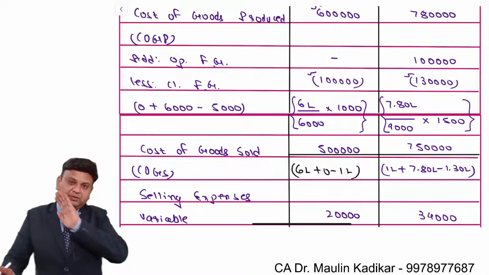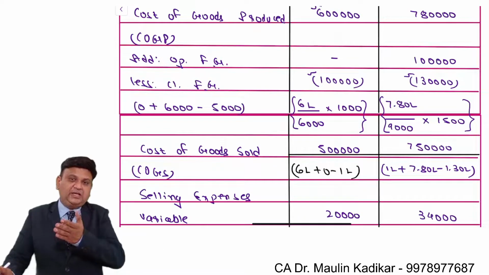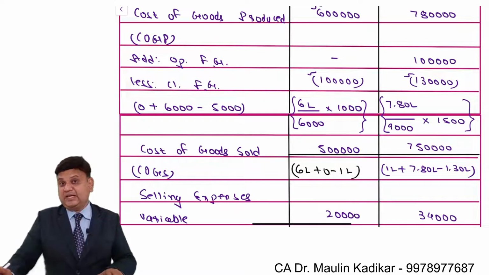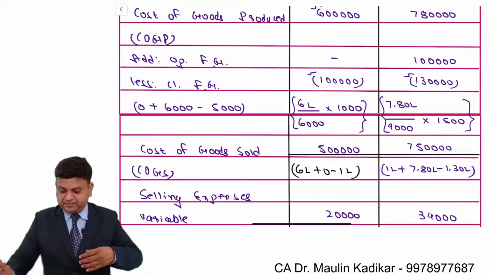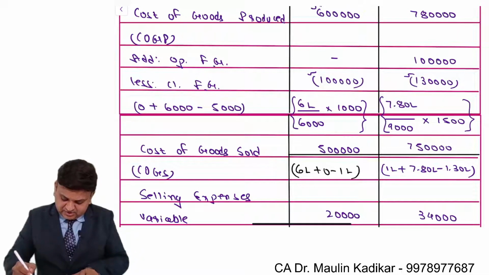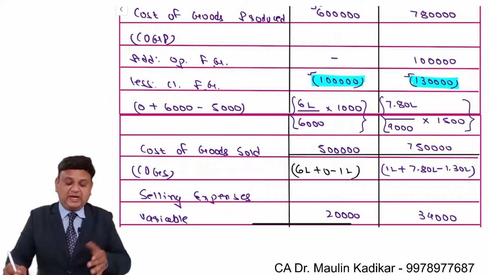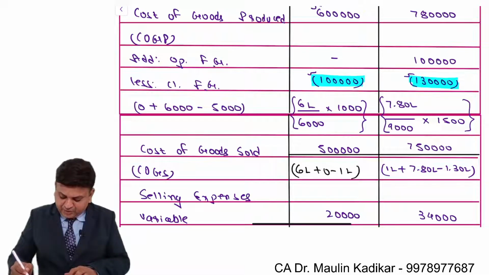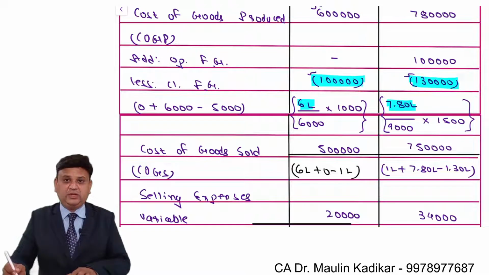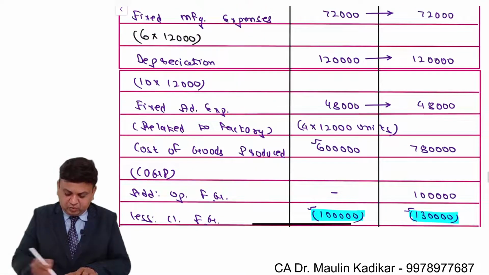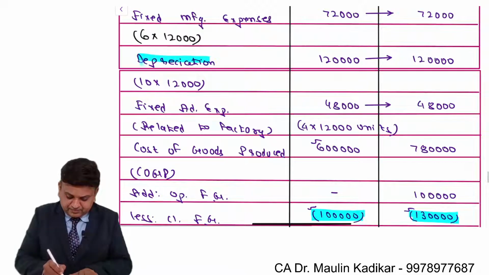So when we go to the bank for the purpose of obtaining the working capital loan, in that case the bank does not accept this valuation of the debtors, this valuation of the finished goods. Why? Because the bank has an argument that the cost of goods produced that you have calculated includes depreciation.